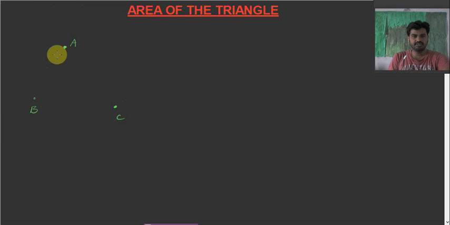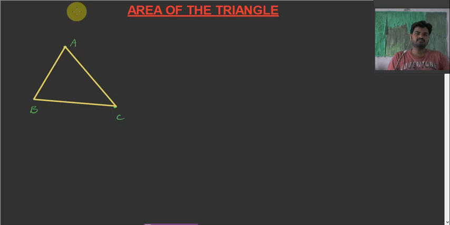That means we join A and B, next B and C, next C and A. We get a triangle, where ABC is the triangle.